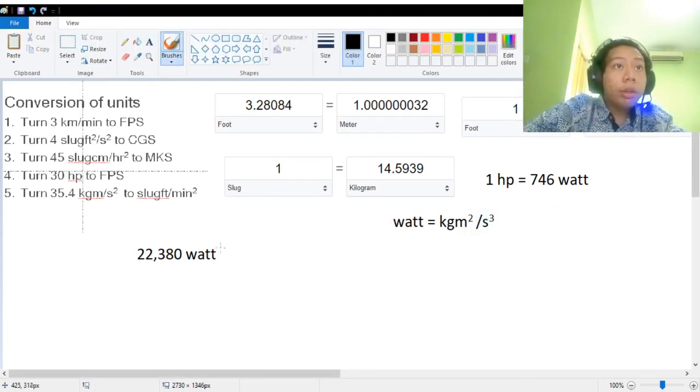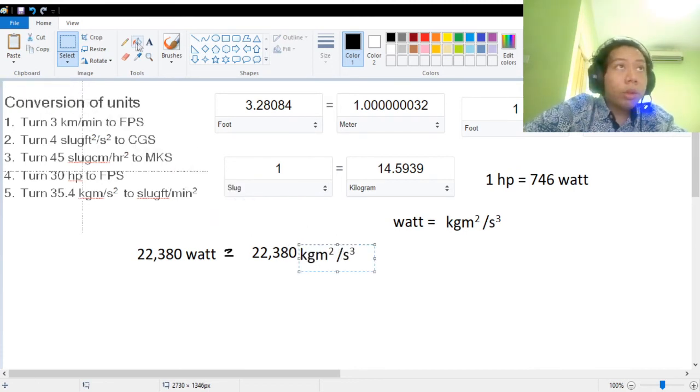So it is 22,380 kilogram meter squared over second cubed.